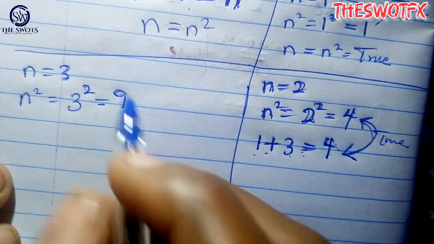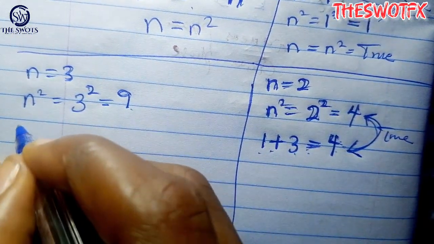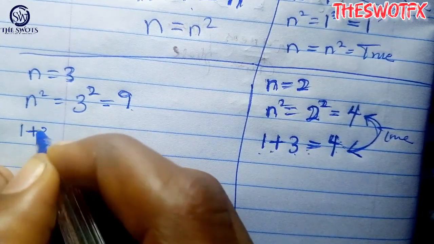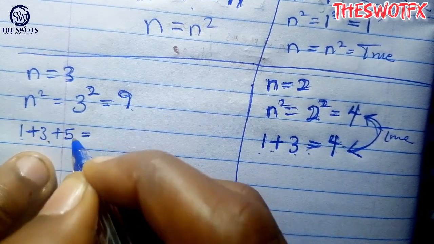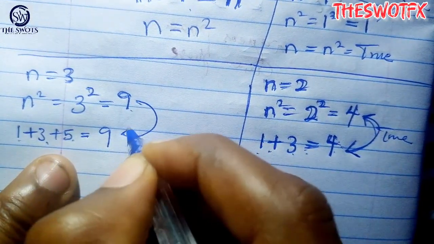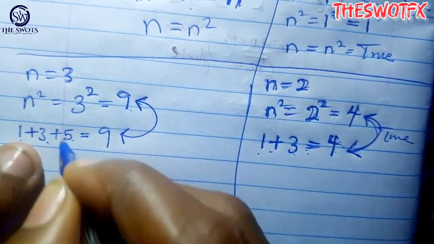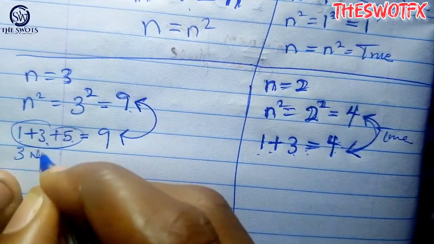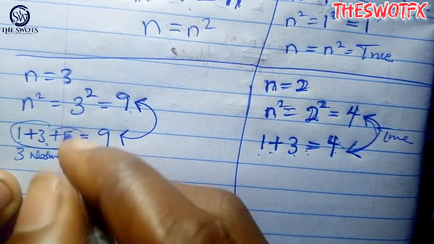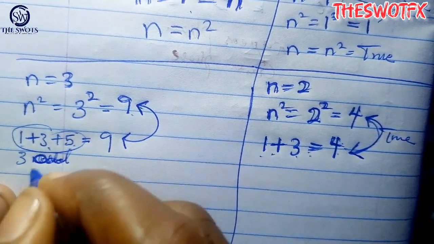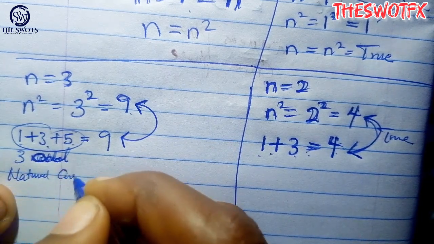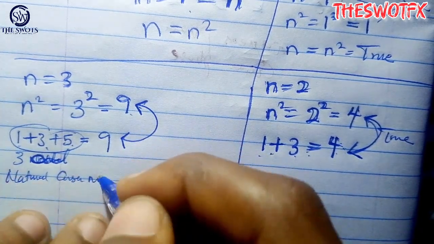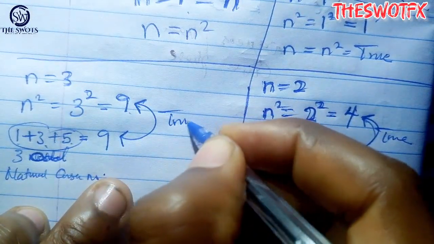That is what we want to find. 1 plus 3 is 4, and 4 plus 5 is 9. So adding these three odd consecutive natural numbers gives me 9. So this is true. Are you getting it now?